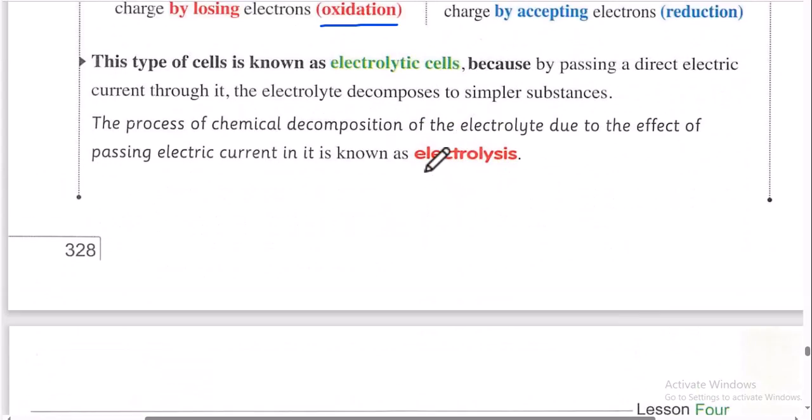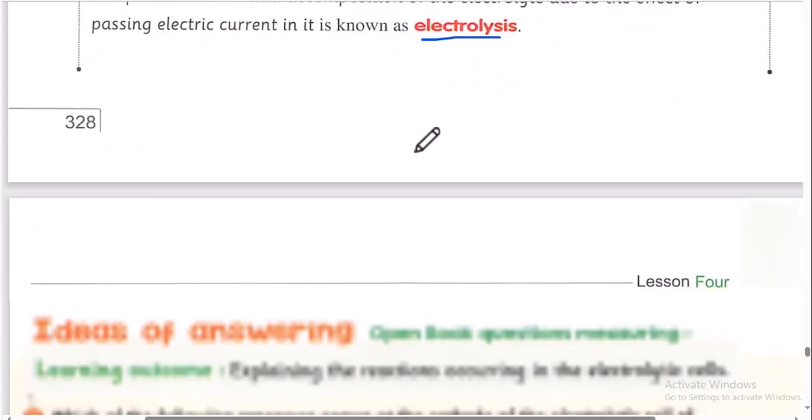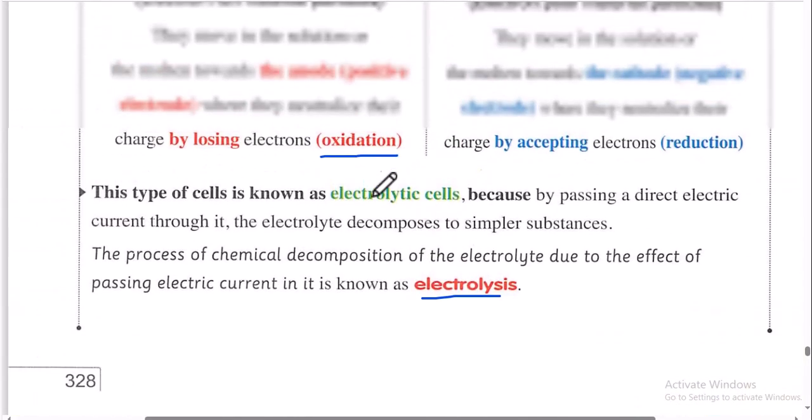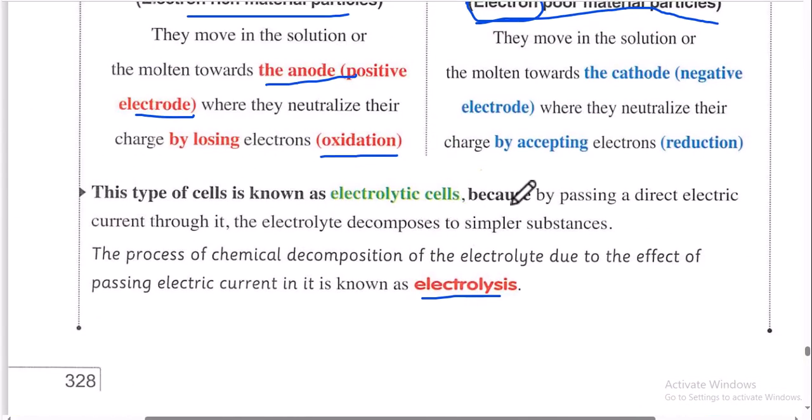So what is electrolysis? Electrolysis is the passing of electric current through the electrolyte, and this electrolyte is decomposed into its simpler substances.